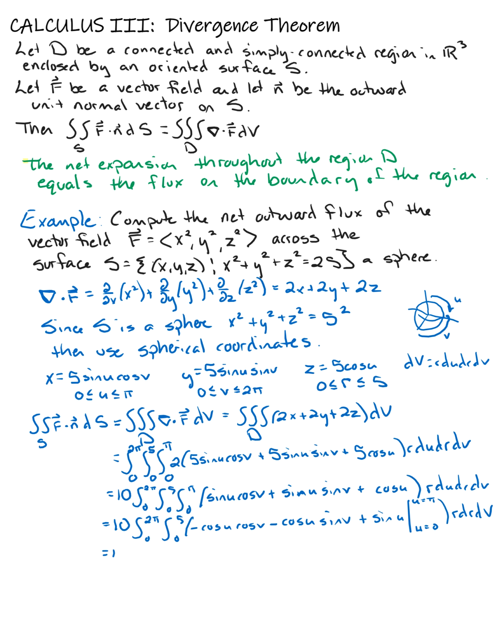So what does that give us? Evaluating at u equal to pi, cosine of pi, sine of pi, and then evaluating at u equal to 0.